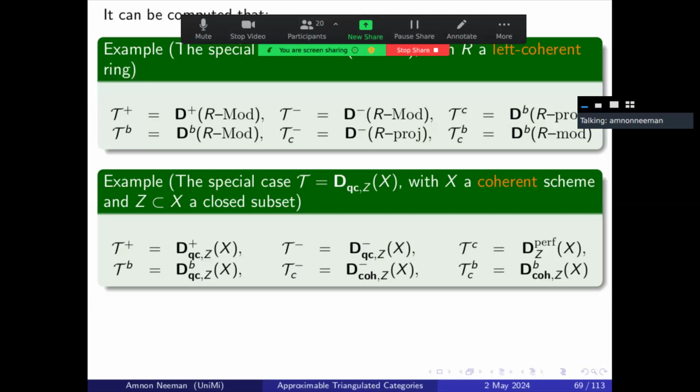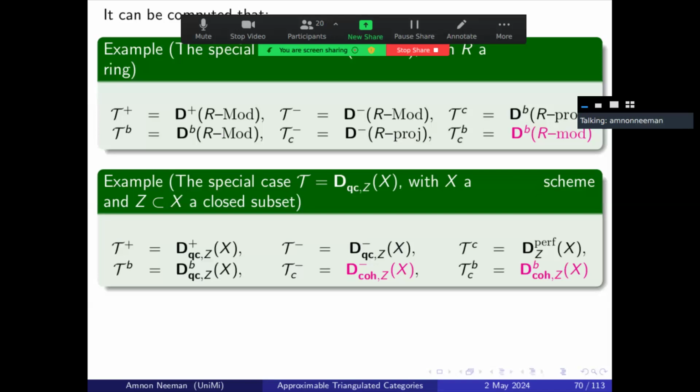And you can also do it for the unbounded derived category of quasi-coherent sheaves on the scheme. Okay, so I assume that the ring R was left coherent. I assume the ring R is left Noetherian, or that the scheme is Noetherian. But if you're careful, then the computations make sense for any ring and any scheme. You just have to carefully think about what you mean by the bounded derived categories of whatever.